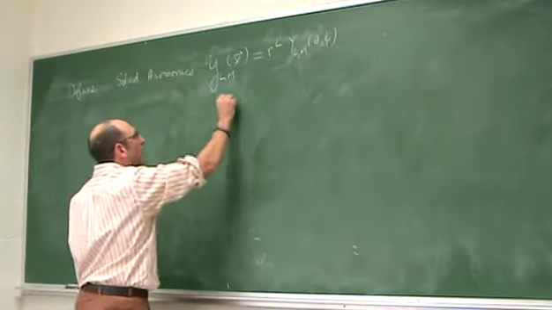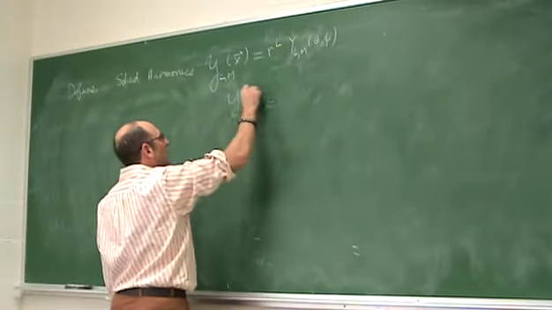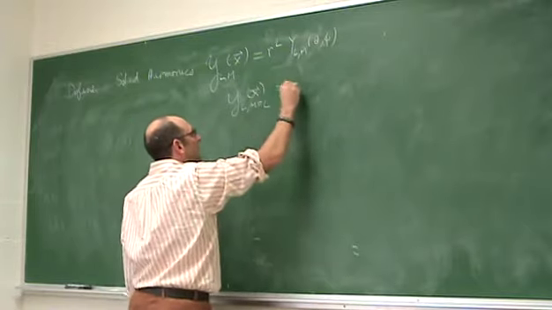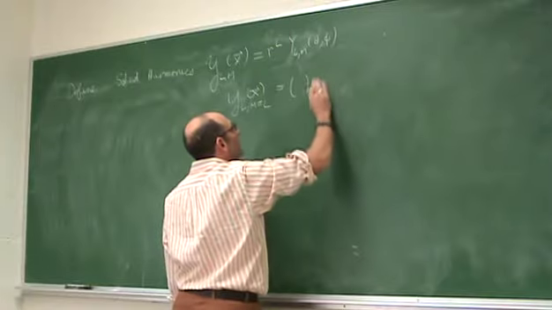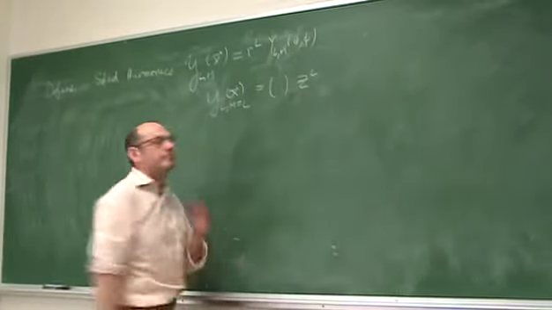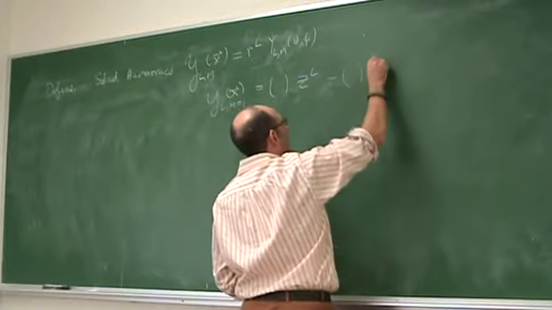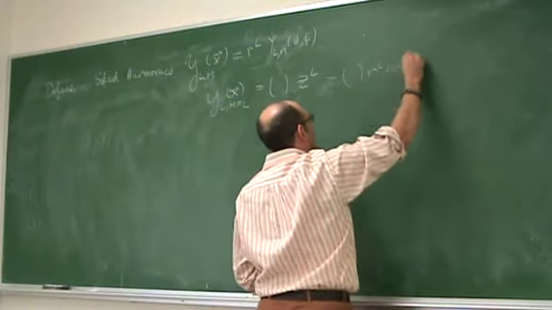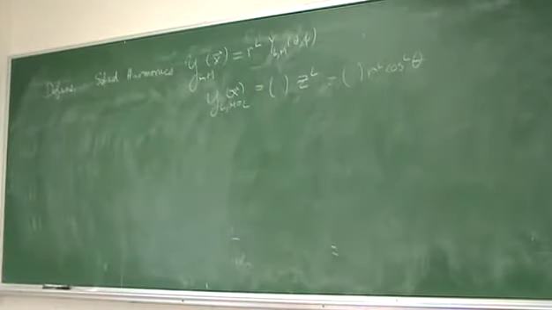So for example, Y_LL of x is some number times r to the L cos^L theta, which is just putting in that r^L normalization so I don't have to keep taking it out.